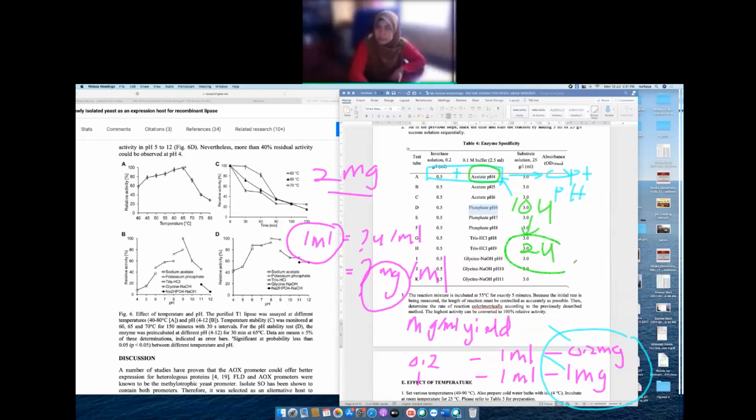This residual activity needs to be assayed using the optimal buffer. We cannot use the similar buffer, or it will end up having 0. Because the residual activity is only 2 units, we need to give the best condition to the enzyme, because we want to know what is left.